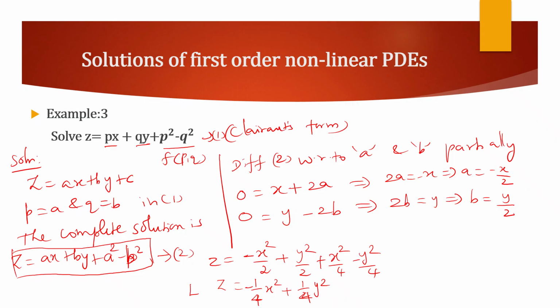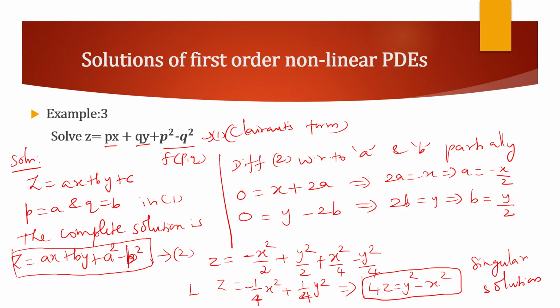From this we get 4z is y square minus x square. Since it is free from arbitrary constants, this is what our singular solution.